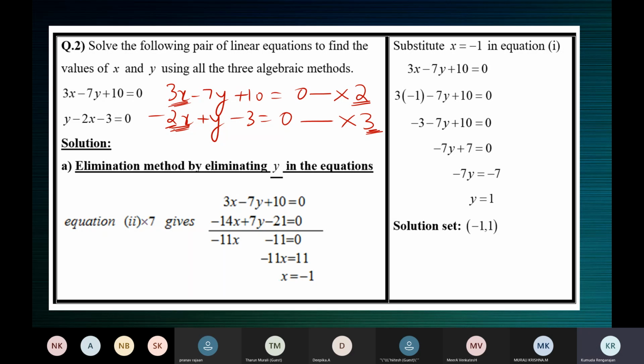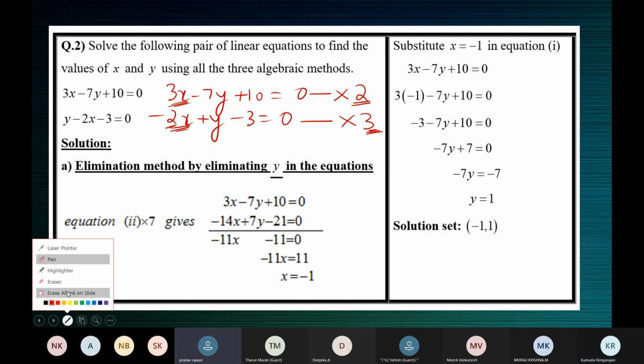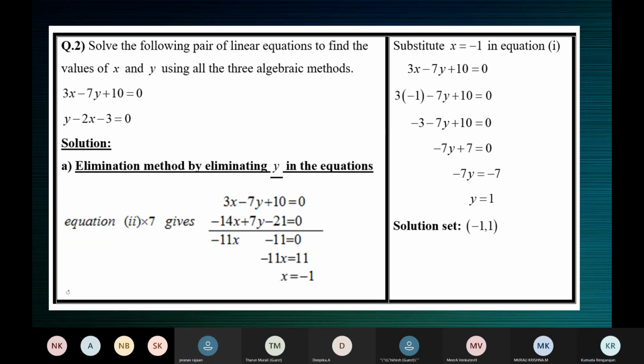If you work like this, then you would have eliminated x and you would have got the value of y first. y is equal to 1, and then you have to substitute and get the value of x. Is that fine, children? Yes, ma'am.